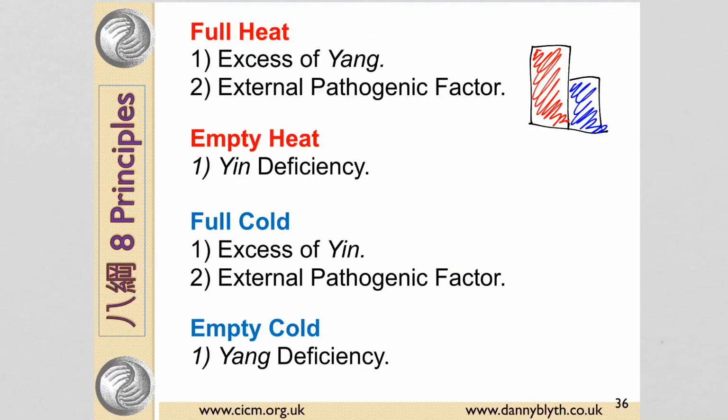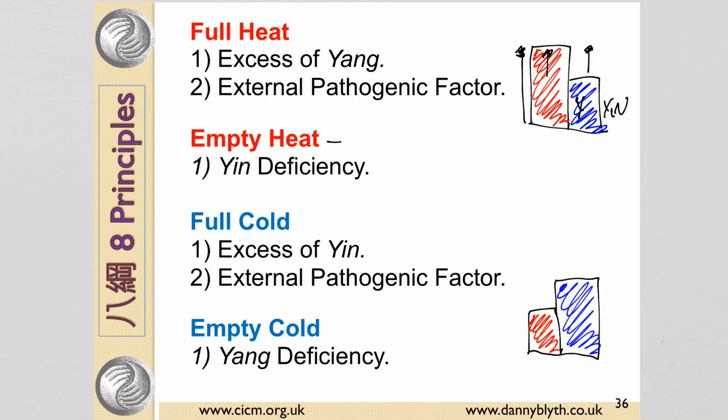It can be full heat, a relative excess of yang or an external pathogenic factor that gets added on, or it can be empty heat, where we get a relative deficiency of yin, and so the heat manifests. Likewise with cold, we can have an excess of cold, excess of yin, or an invasion of cold, or we can have a relative deficiency of yang, which manifests these empty cold symptoms.